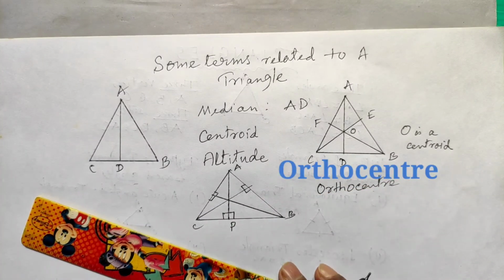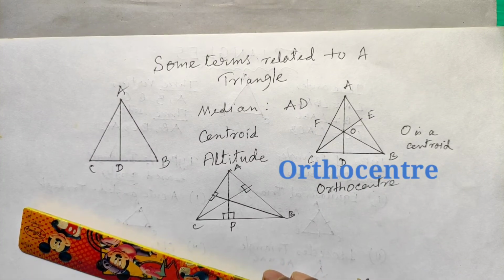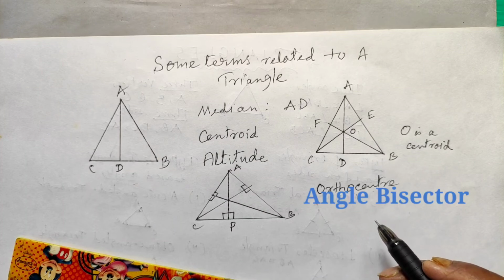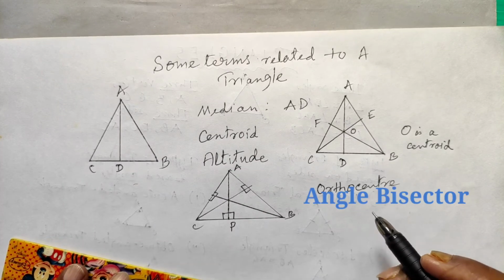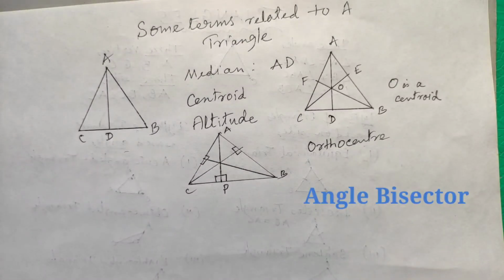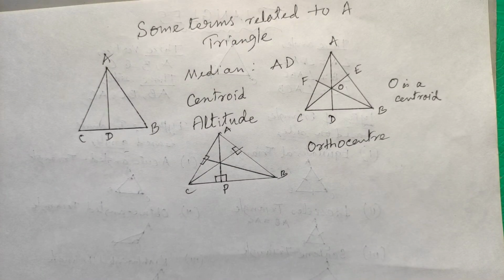So this is actually called orthocenter. Then angle bisector. Angle bisector in the sense that when you are bisecting an angle, a line segment that bisects an interior angle of a triangle is called an angle bisector of the triangle.